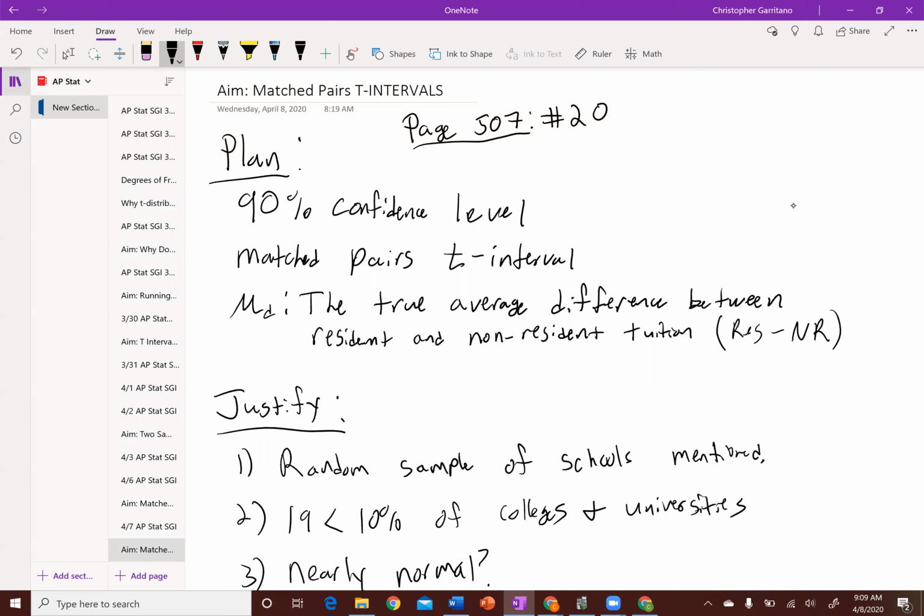Now, I wanted to go through all four stages here because I've noticed some of you, anytime there's a confidence interval problem, are skipping the justify stage and the summary stage, and even sometimes the plan stage. You're just going right into showing the work. But I need you to understand that this is also an inference procedure, just like a hypothesis test.